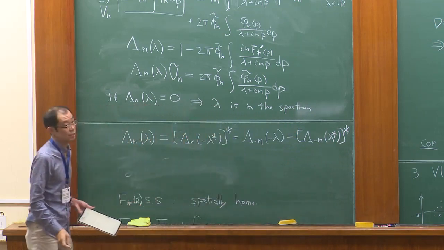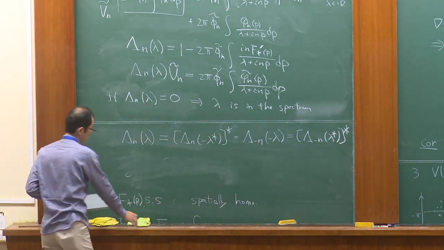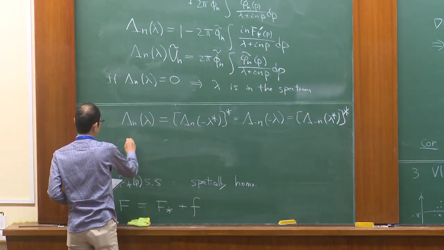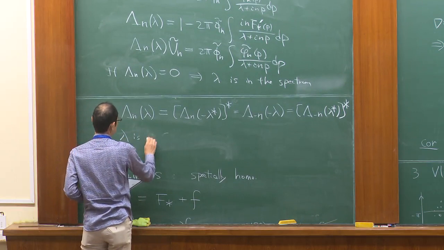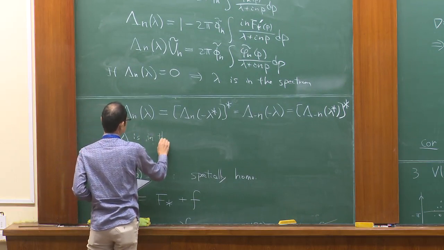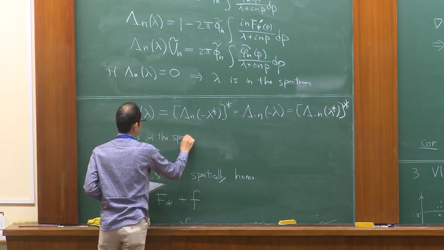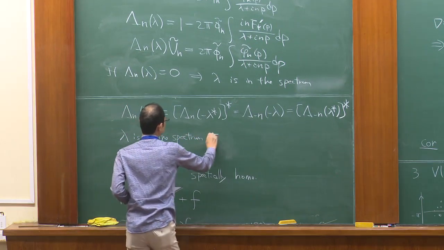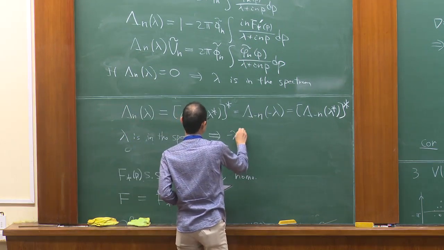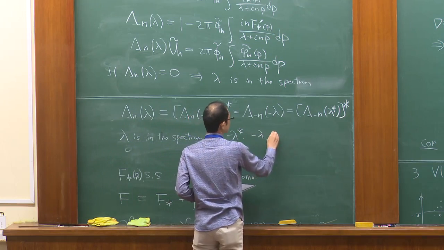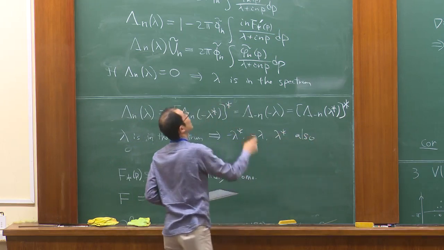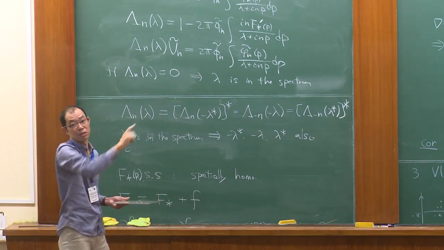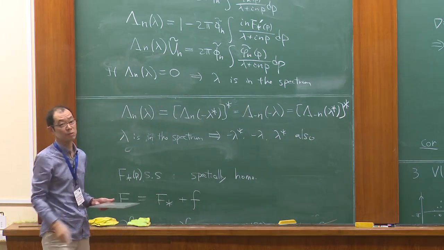So you can check these equalities. So it means if lambda is in spectrum, then minus lambda star, minus lambda, and lambda star also. So this is why I put 4 discrete points on the previous picture.